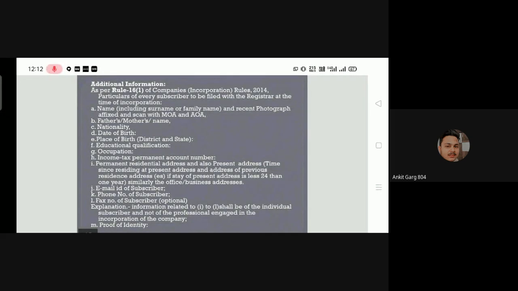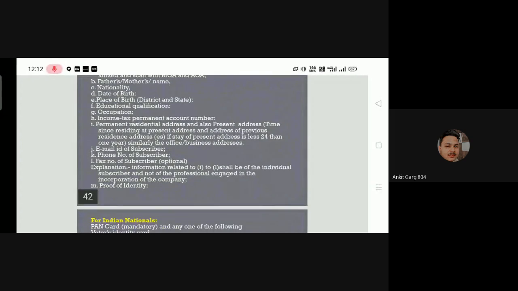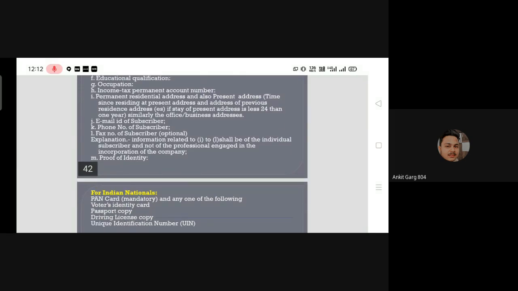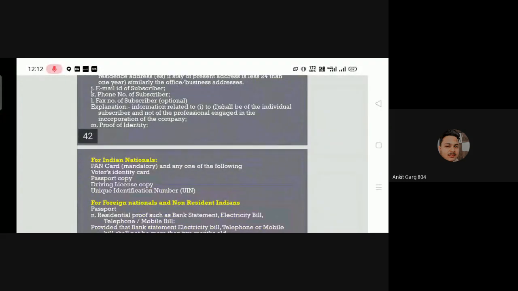As per Rule 16, subsection 1 of the Companies Rules 2014, the particulars of every subscriber to be filed with the registrar at the time of incorporation are: name and photograph affixed and scanned with the memorandum of association and articles of association, father's or mother's name if any, nationality, date of birth, place of birth, district and state, educational qualification, occupation, income tax permanent account number, permanent residential address and also present address, email ID of the subscriber, phone number of the subscriber, and fax number of the subscriber, which is optional.